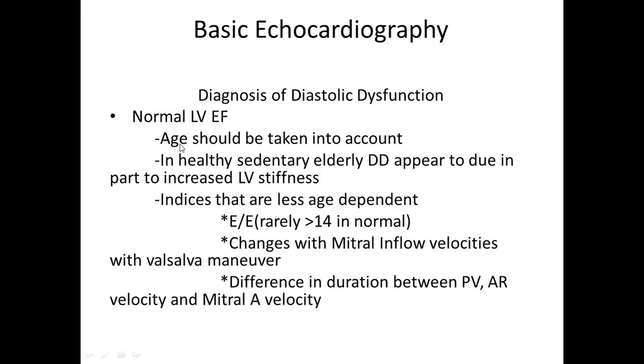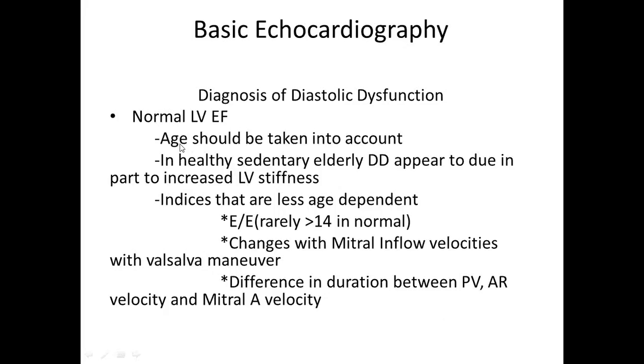Again, you should take the age of the patient into account because, as we explained before, the older one gets, the more they rely on atrial filling, or the atrium to fill the left ventricle. So therefore, they're going to have a problem with relaxation.